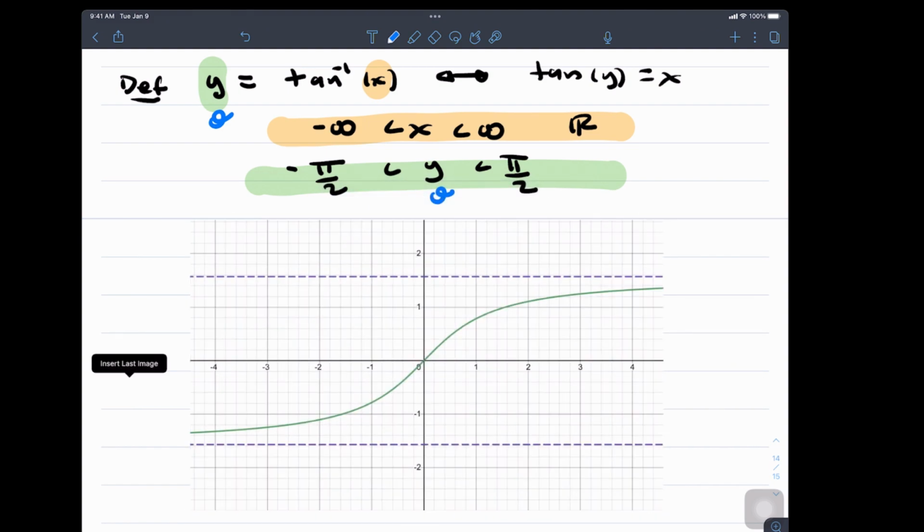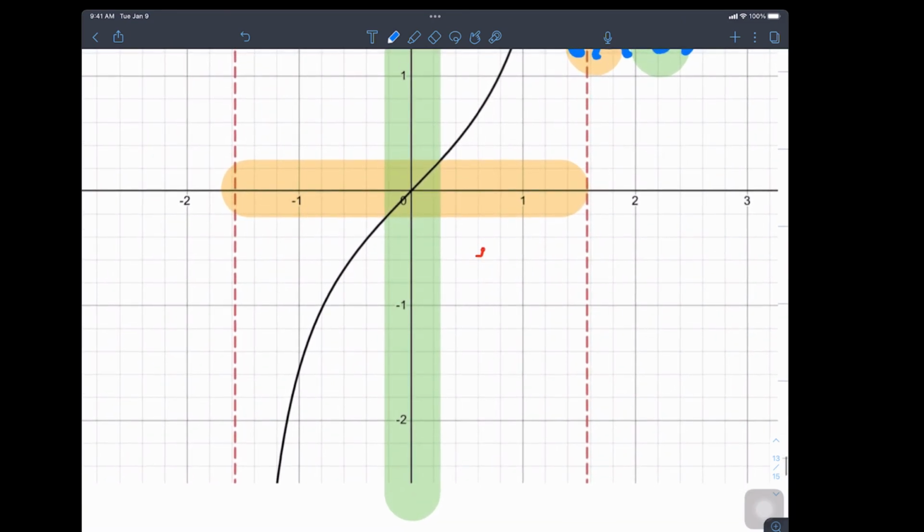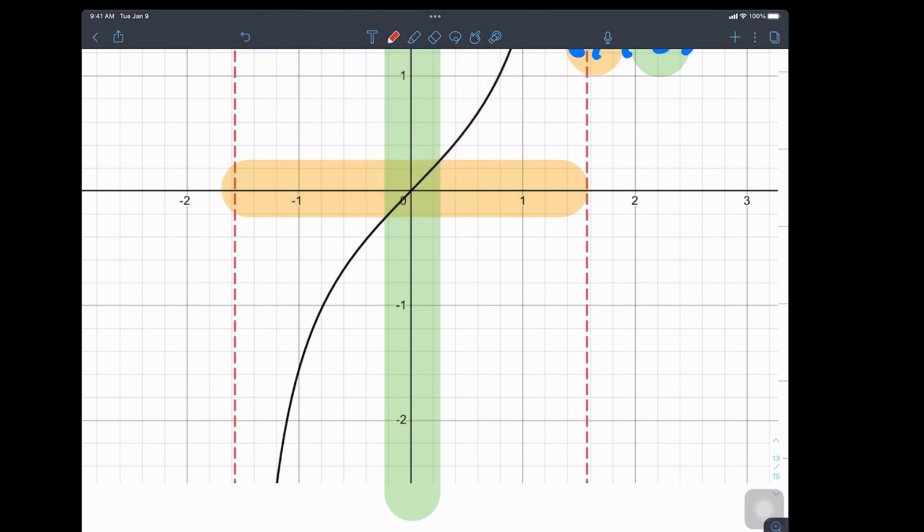See this here? This isn't even a full quadrant. But this is quadrant 1, and then these are negative angles again, quadrant 4. This is just like what? The original one we started with. Quadrant 1 and quadrant 4.